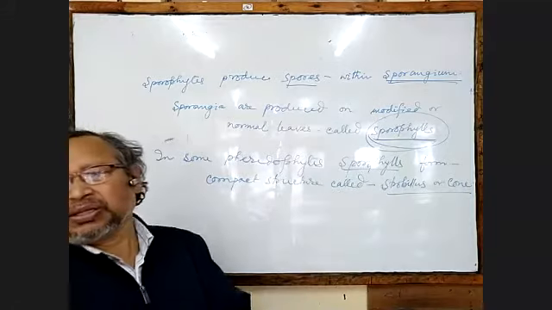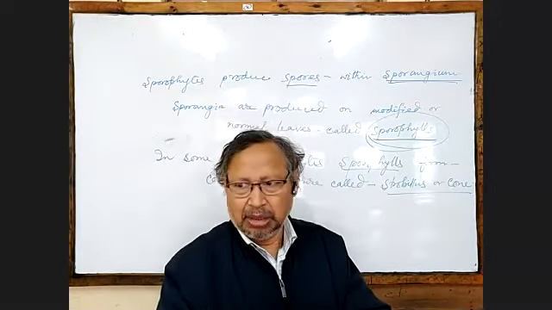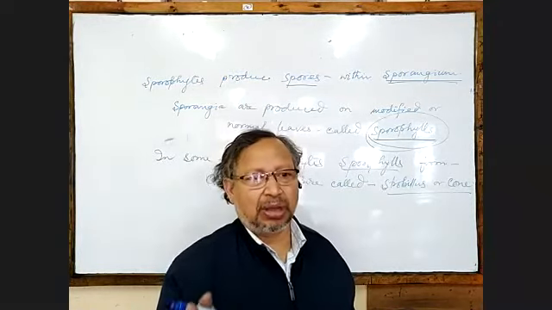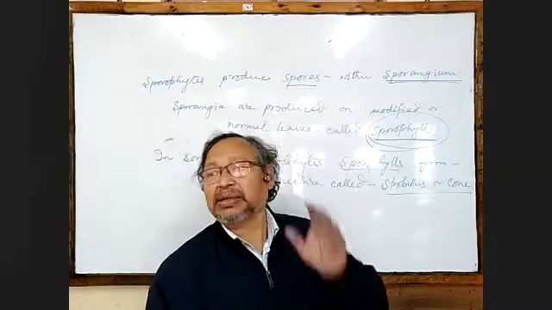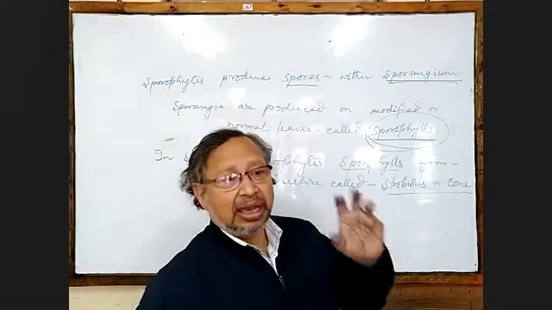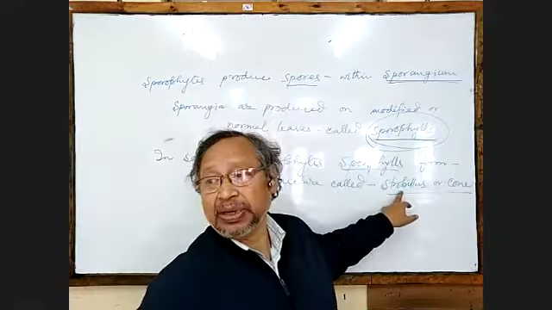The sporophyll may be compactly arranged in some cases, not everywhere. And that compact structure, aggregation of the sporophyll, is called the strobilus.